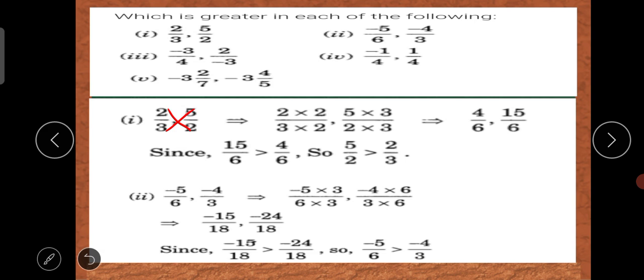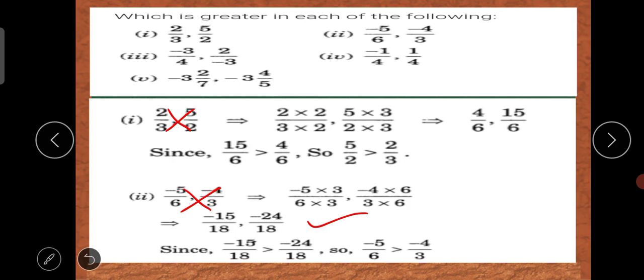Next question, see, minus 5 upon 6 and minus 4 upon 3. Again do the cross multiply here. So minus 5 is multiplied by 3 and minus 4 is multiplied by 6. Downside, as a denominator, 6 into 3 and 3 into 6. So we'll get the answer minus 15 upon 18 and minus 24 upon 18. So here we made the denominators the same.